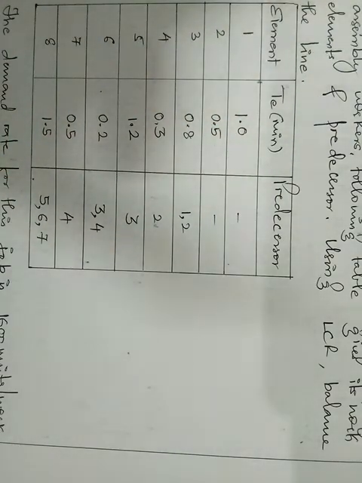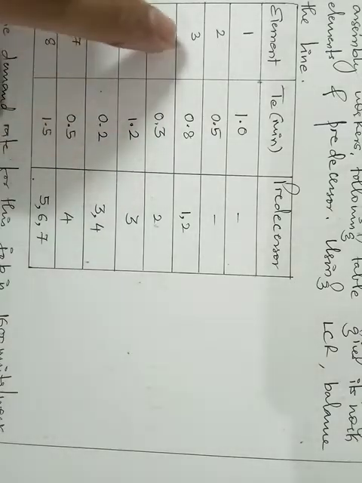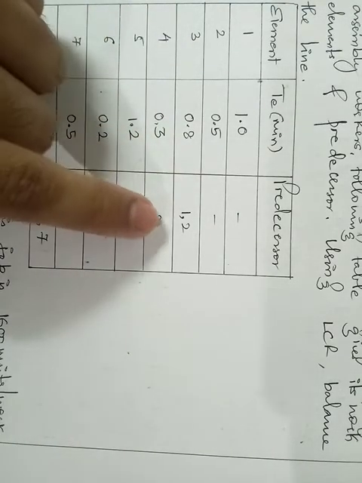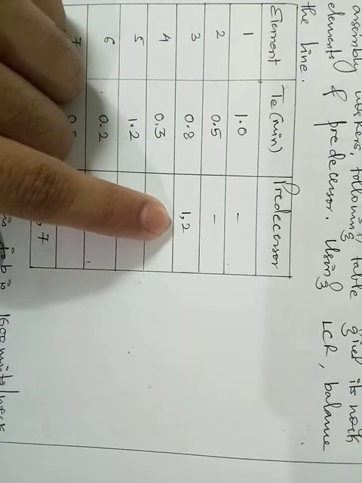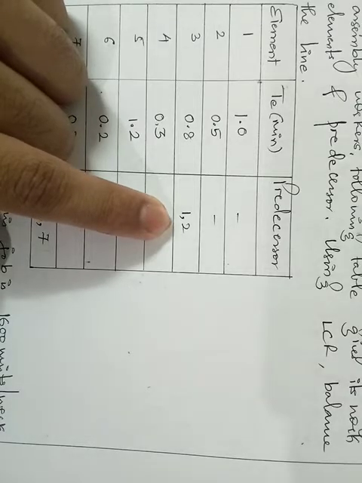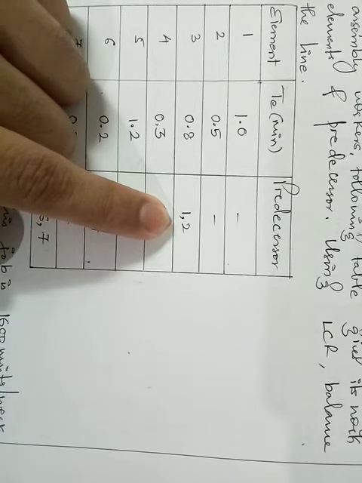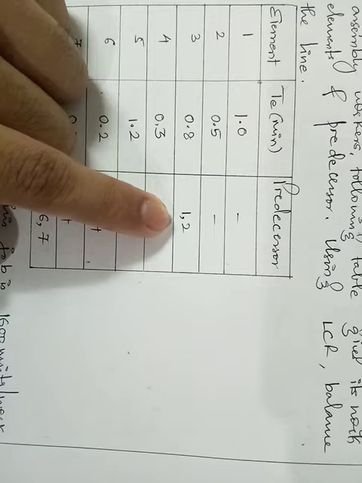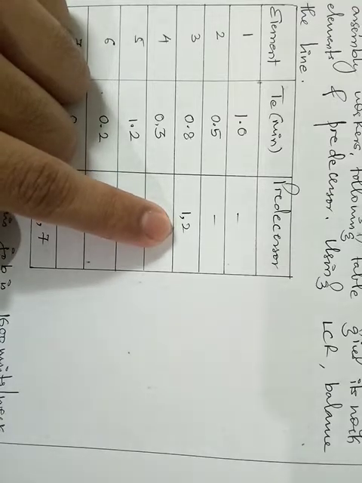If 3 has predecessors 1 and 2, it simply means that work element 3 cannot be done unless and until 1 and 2 are done. So that is the meaning of this.